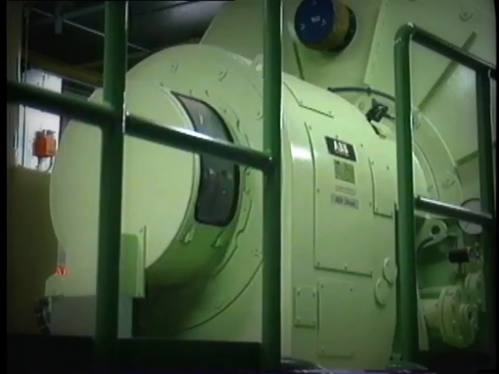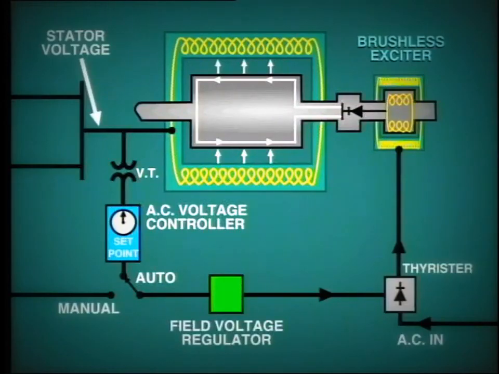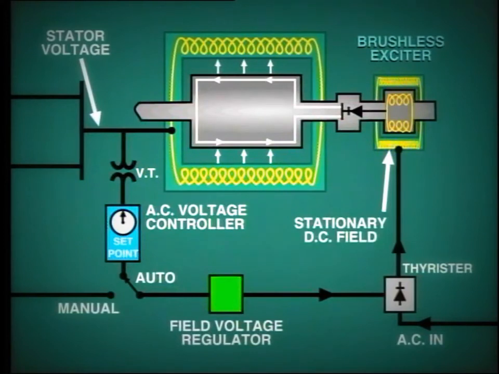Another type of excitation system often used is known as the brushless exciter. The exciter is actually a small AC generator which is built on the end of the generator shaft instead of collector rings. In this exciter, a stationary magnetic field is provided from the DC winding which is wound on the stator.